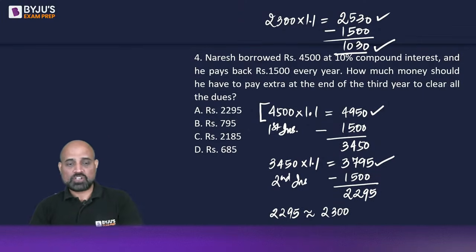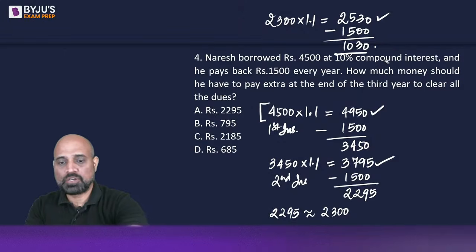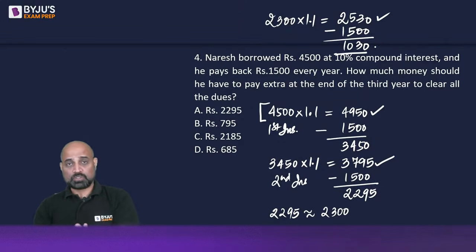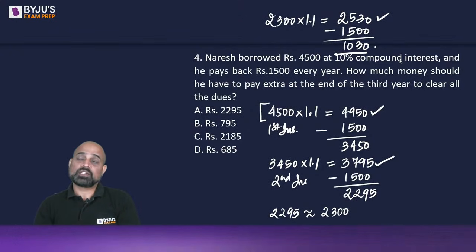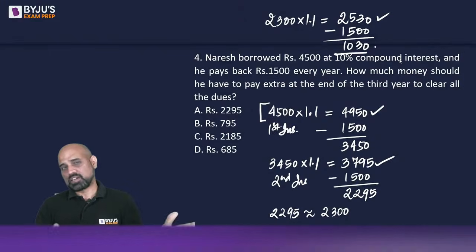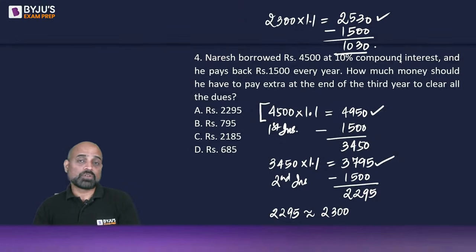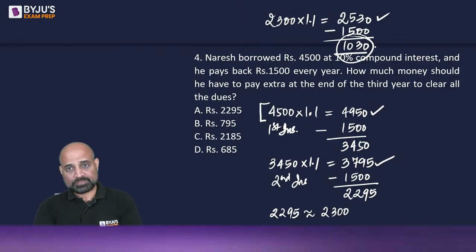When you go to pay, the person will tell you that your total amount that is due is 2,530 approximately. So you'll be like, okay, fine, keep this 1,500. But then you will ask him, brother, now I want to finish the entire loan. How much extra should I pay? Then the person is obviously going to tell you that you have to pay 1,030 extra, right? So 1,030 is what we are getting.